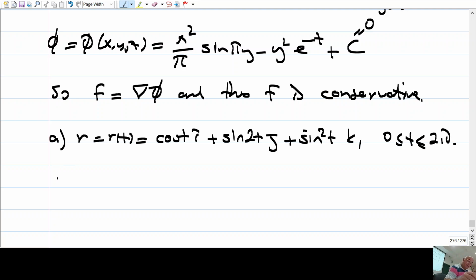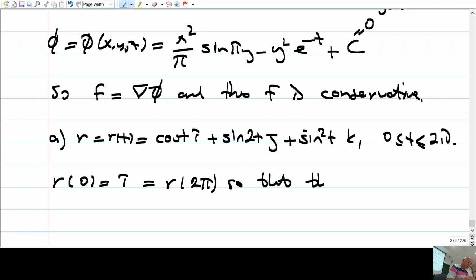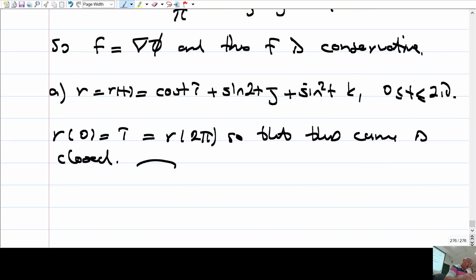Well, you see, this curve, when you plug 0, you get i, and this is the same thing as if you plug 2 pi. So this curve is closed. This curve starts at a point and ends at the same point. So r(0) and r(2 pi).